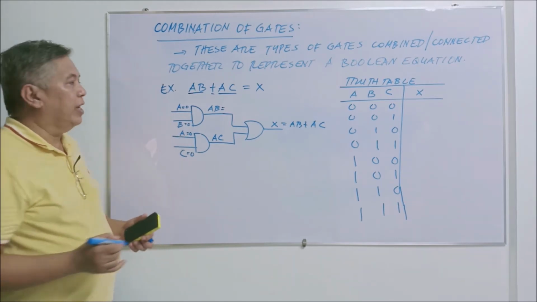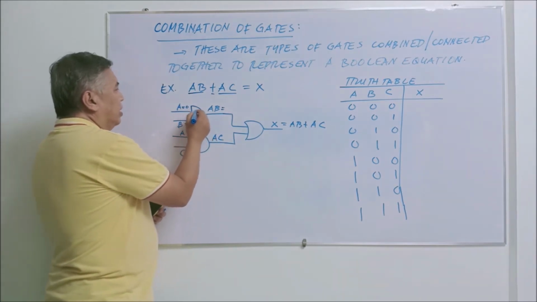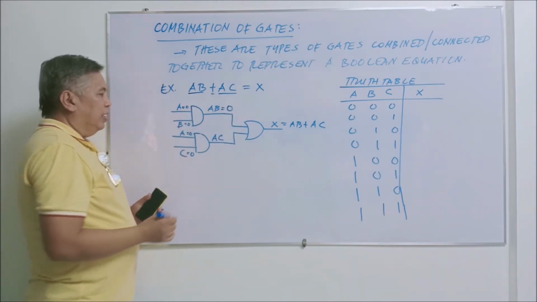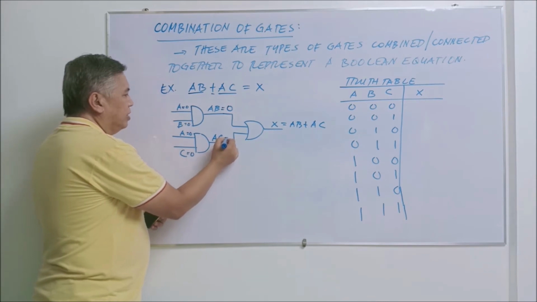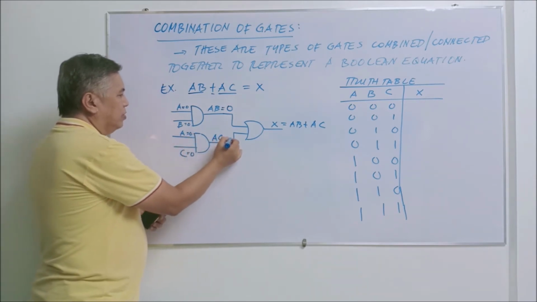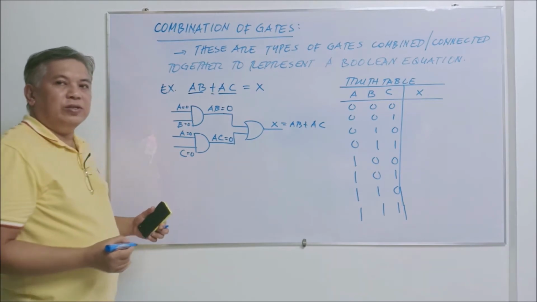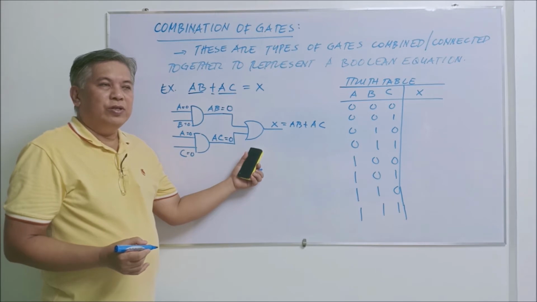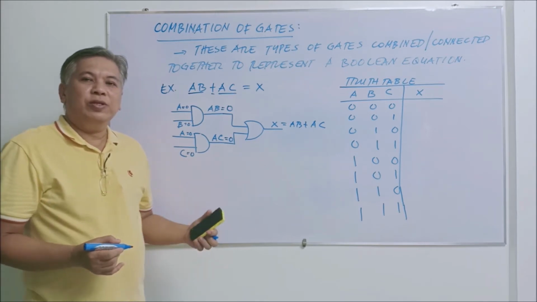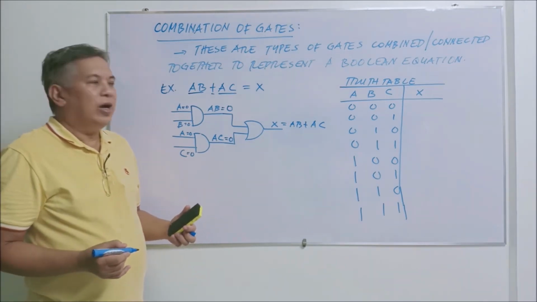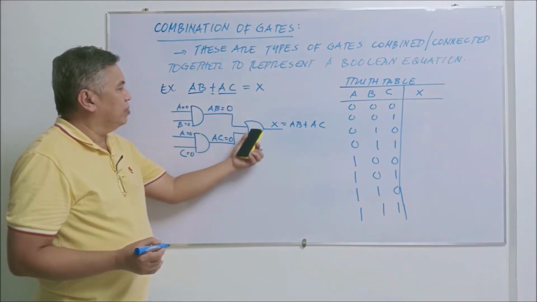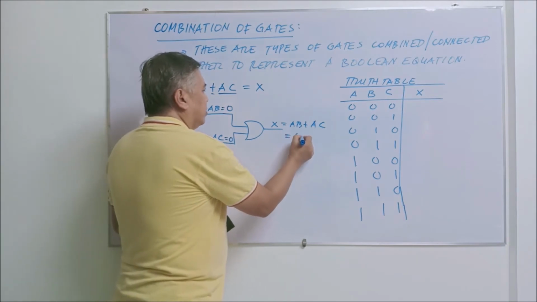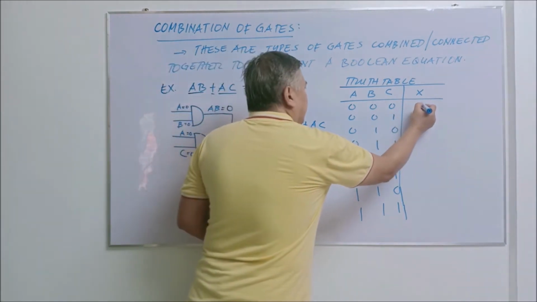Since you have 0, 0 here, the output will be 0. And for your AC, you have inputs 0, 0, so the output will also be 0. Then we have an OR gate. The OR gate says if any of the inputs is high, then the output is high. But since all inputs for your OR gate are 0, the output X is also 0. So you place it here.